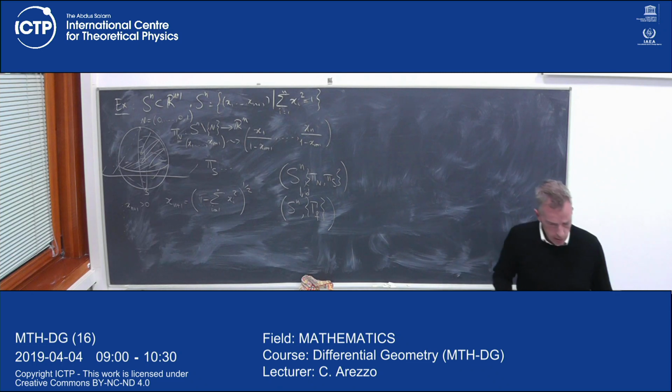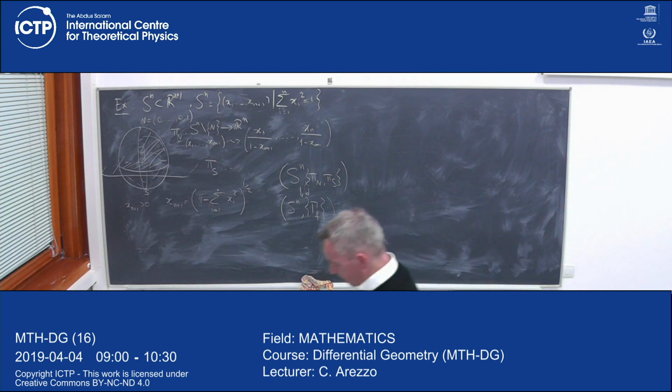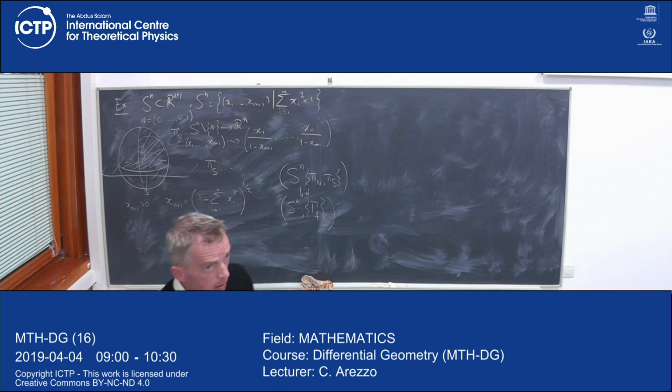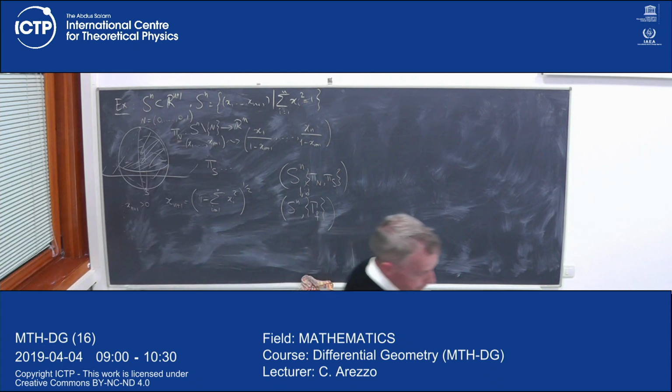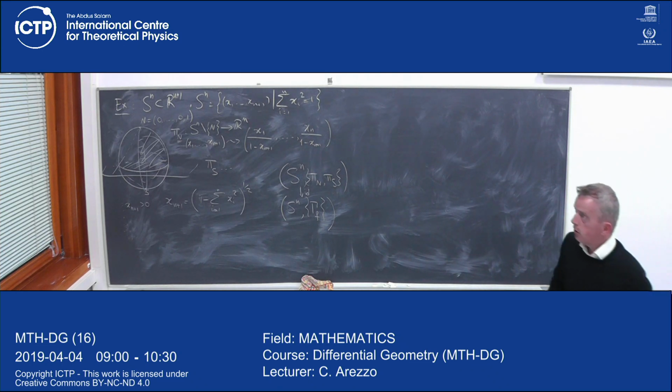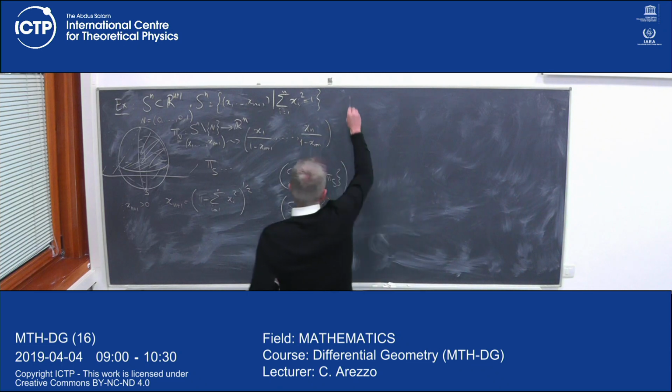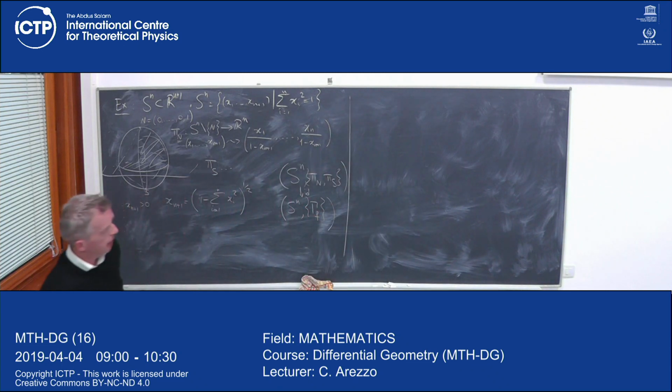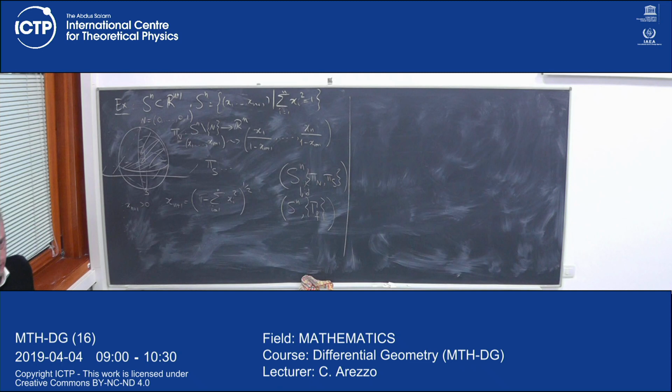Very good. Now we have these two structures, we prove they are the same. And now the point I was hoping to make was to go back to the projective space. Because remember I started the lecture by describing the projective space and saying it looks like a cousin of the sphere.